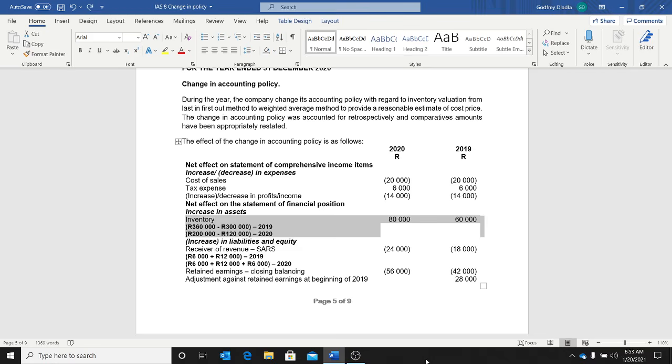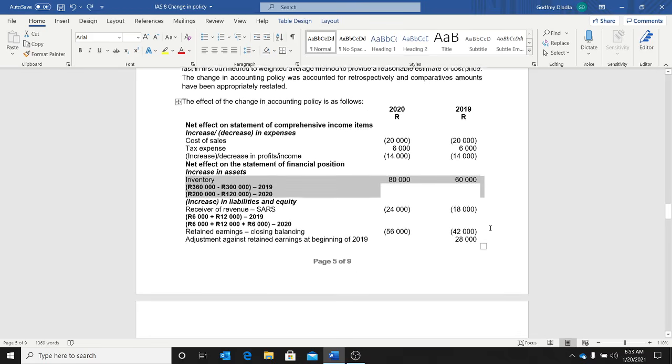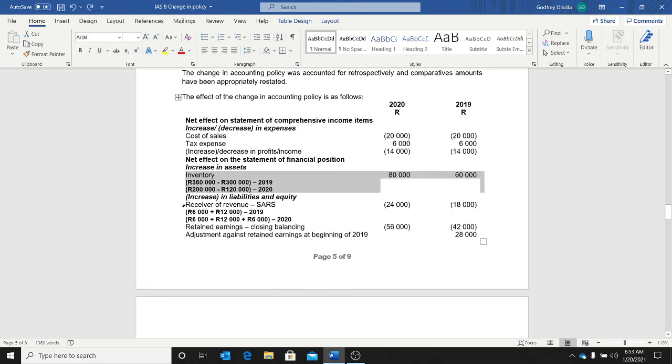You're saying my inventory must increase by 80 in 2020 and 60 in 2019. All right. Then we come to this one here, where there's 18,000 and 24,000.